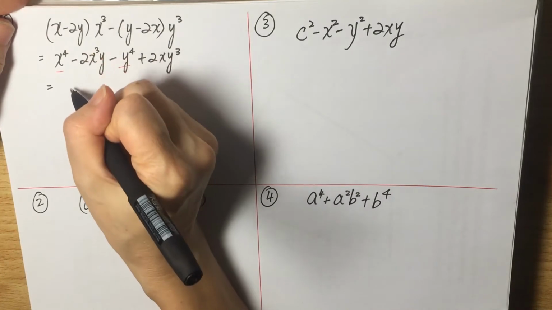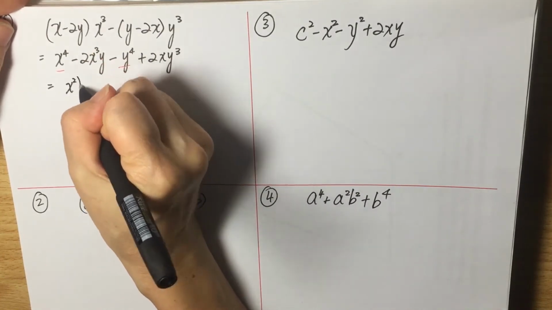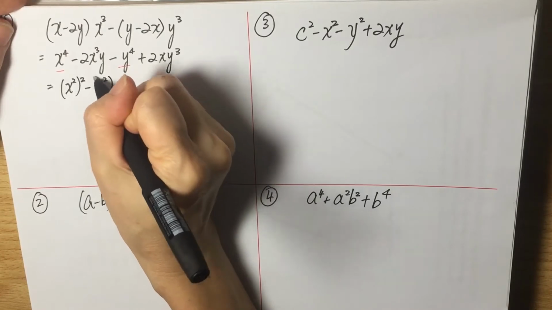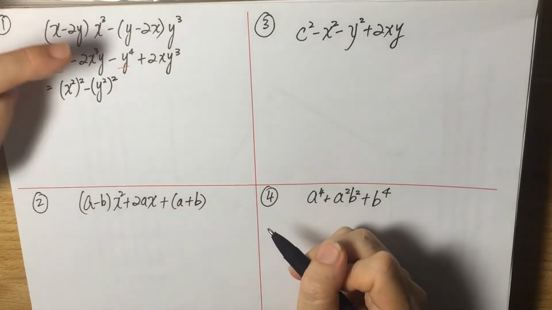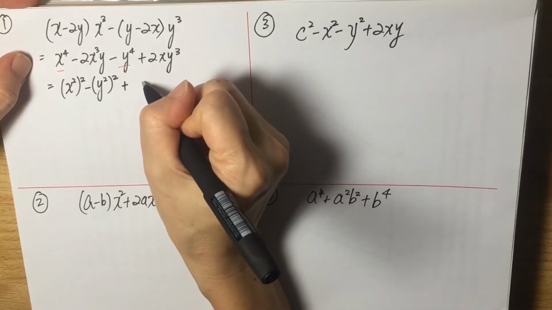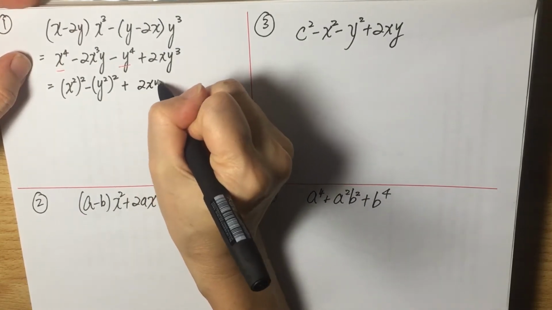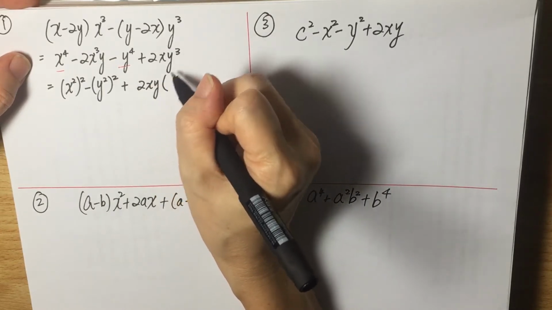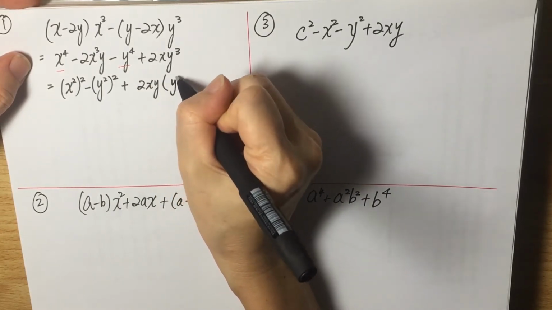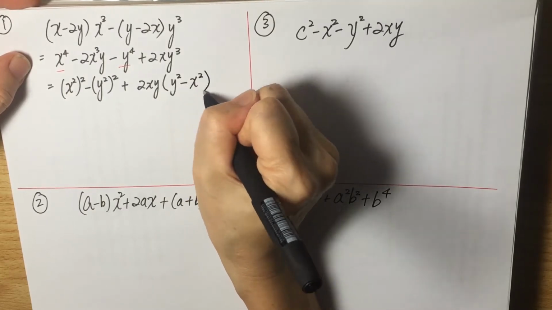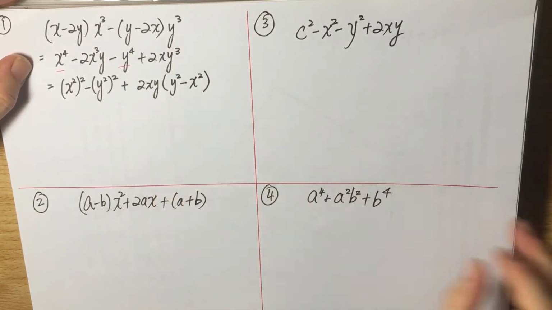So this is like x squared squared minus y squared squared. Okay, as for these two, I have a common factor of 2xy. So I'm going to take 2xy out. So I'm going to get y squared minus x squared. Okay, y squared minus x squared.